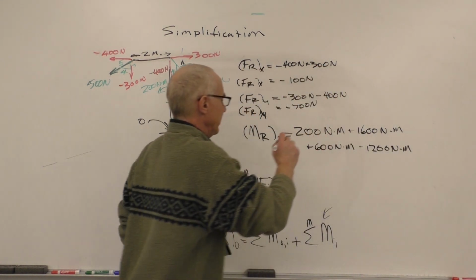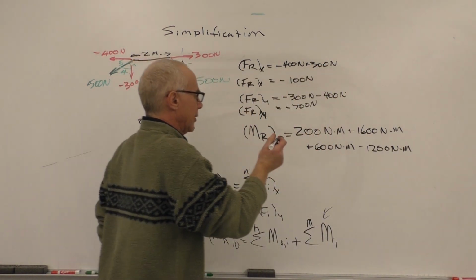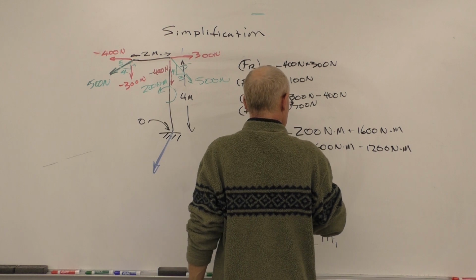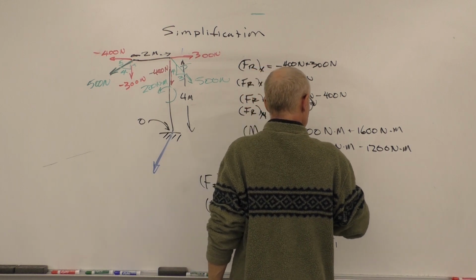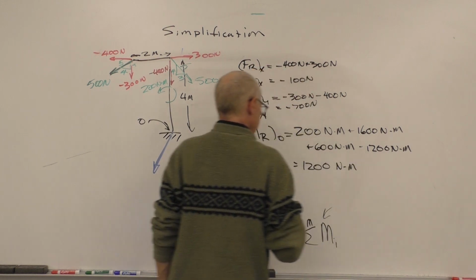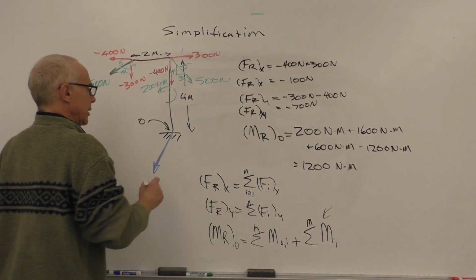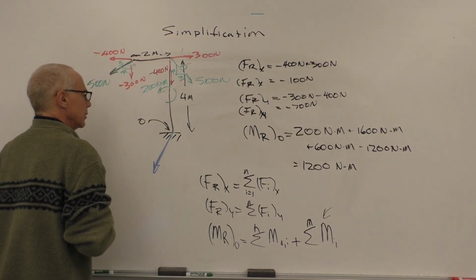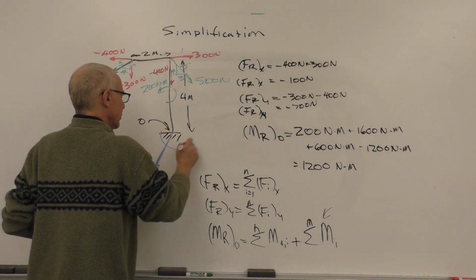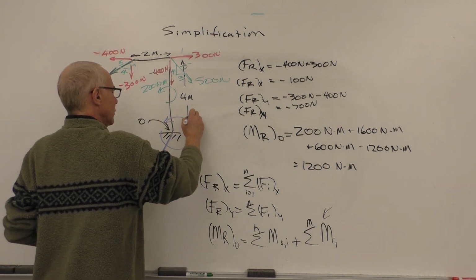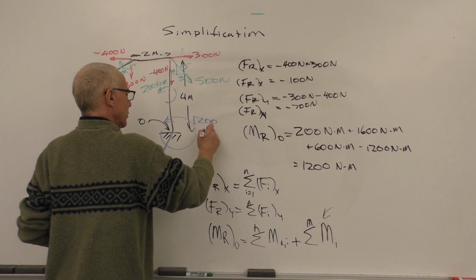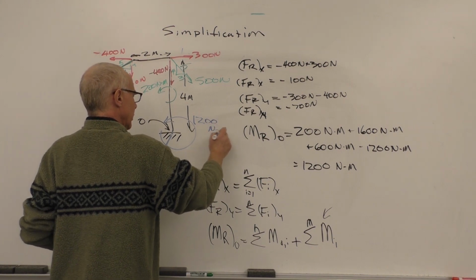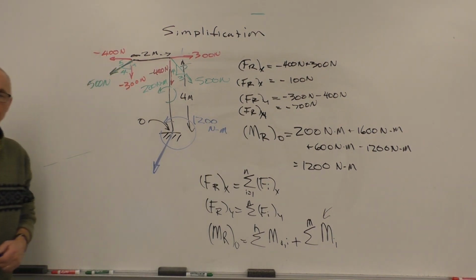So we can add these up. 1800, 2400 minus 1200, you end up with equal to 1200 Newton meters, and it's a positive value. And I'll do it in blue. 1200 Newton meters. That's our moment that's applied at that point.